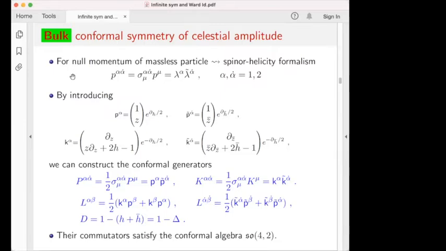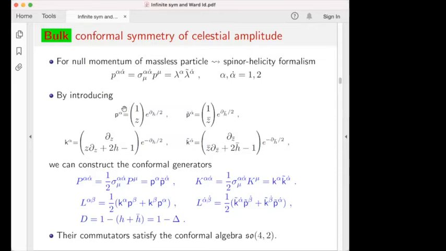In this case, it's useful to use the spinor helicity formalism, because for a massless particle we have a null momentum. Then we can convert this null momentum into a 2x2 matrix. And because this momentum is null, it can be written as the product of 2 spinors, λ and λ tilde. Both spinors have 2 components.